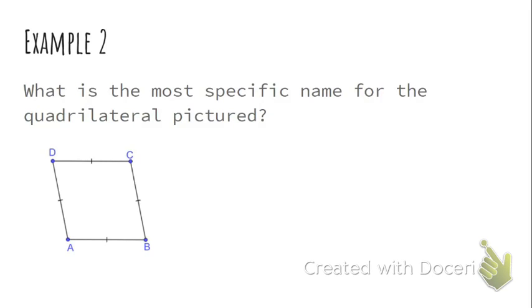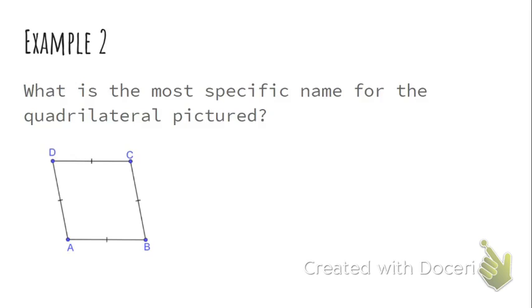Example 2, what is the most specific name for the quadrilateral pictured? So quadrilateral, it's got 4 sides. We have to decide if this would fall under the trapezoid, parallelogram, or kite. So we are told that all the sides are congruent.